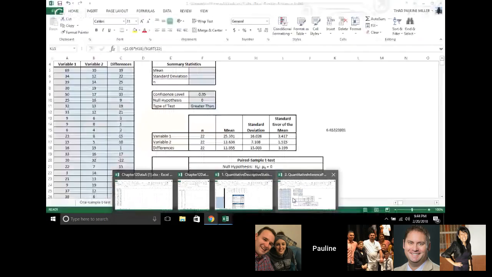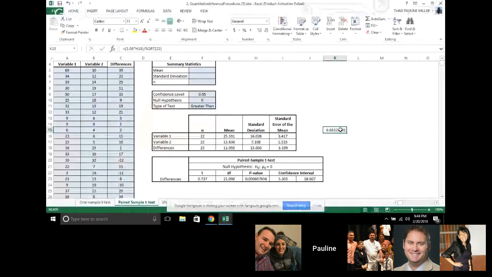And so if you went into the Excel and see how I did the equal sign parenthesis 2.08, that's what I got from that app. And then I do the asterisk and then the SD, because that's the formula.